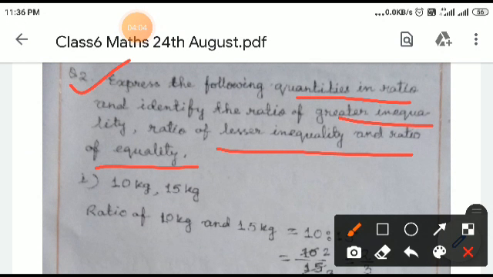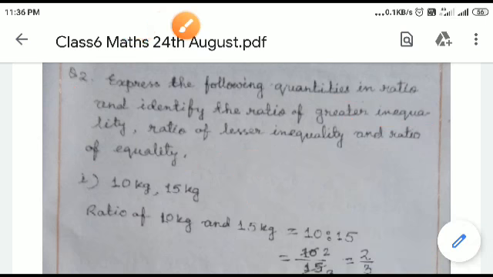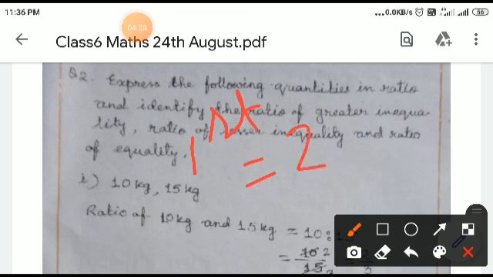In a ratio, if the first term is greater than the second term, it is called ratio of greater inequality. If the first term is less than the second term, it is called ratio of lesser inequality, and if both the terms are the same, that is first term equal to second term, they are called ratio of equality.